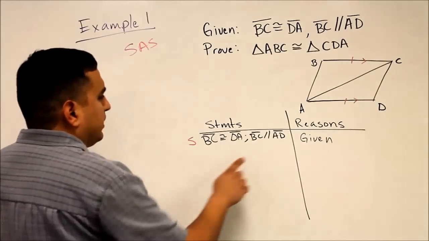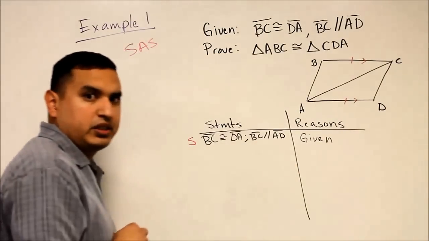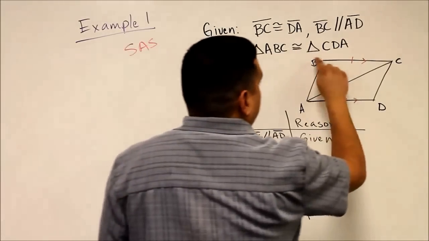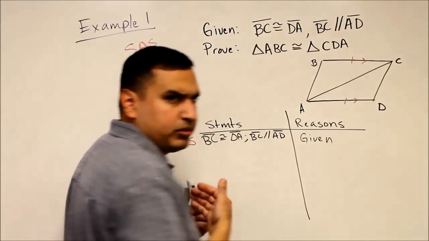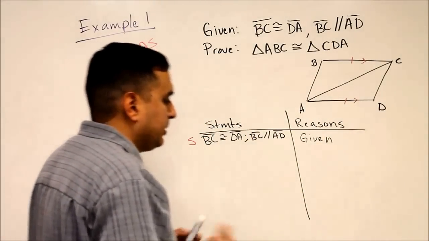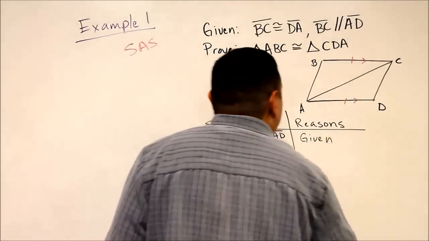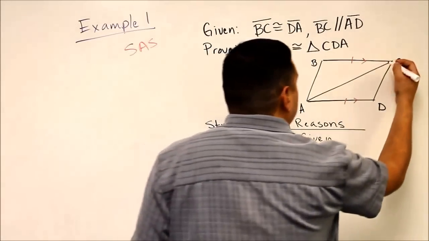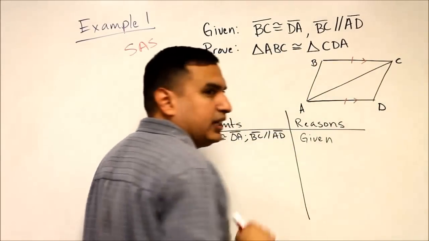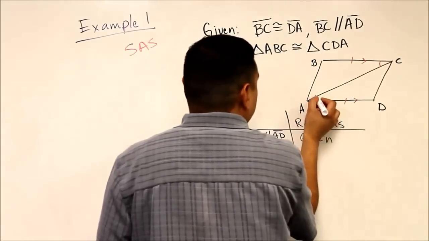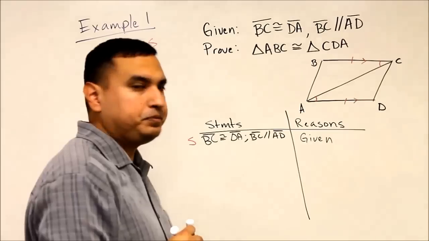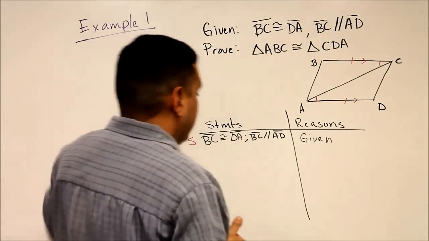This parallel is important because if you remember, when two parallel lines are cut by a transversal, some things happen. One of them is that the alternate interior angles are congruent. Because BC is parallel to AD, this angle here is congruent to this angle here. That's going to be my included angle.